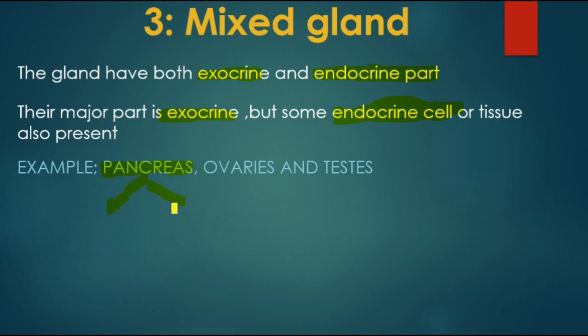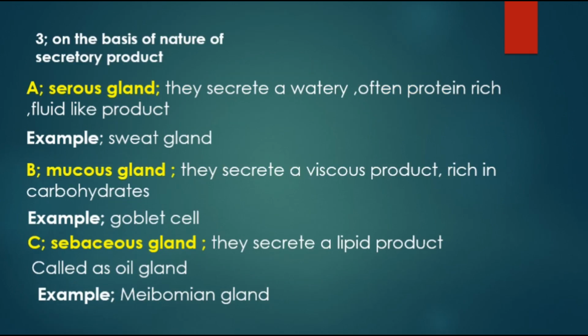So the pancreas is the best example of a mixed gland because it possesses both exocrine and endocrine glands. Other examples include ovaries and testes. So this is the second criterion for the classification of glands, that is, the method of secretion.